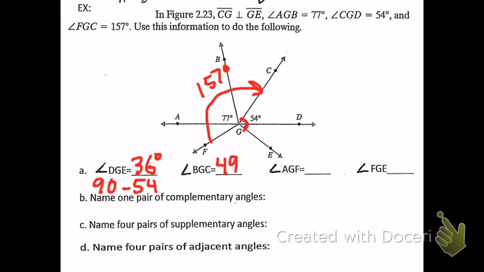You know that AGD is 180, and then you know that AGB is 77, and CGD is 54, so you just subtract both of those from 180. Correct. 180 minus 77 minus 54. 49. Right?